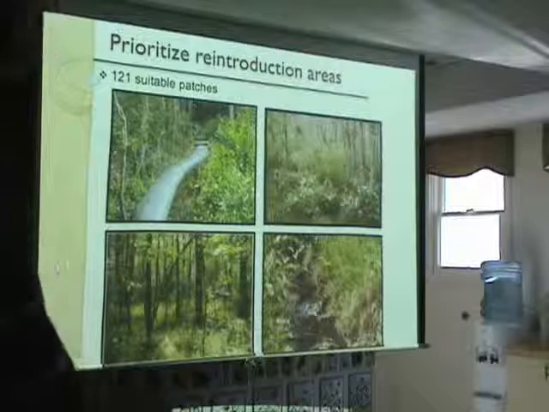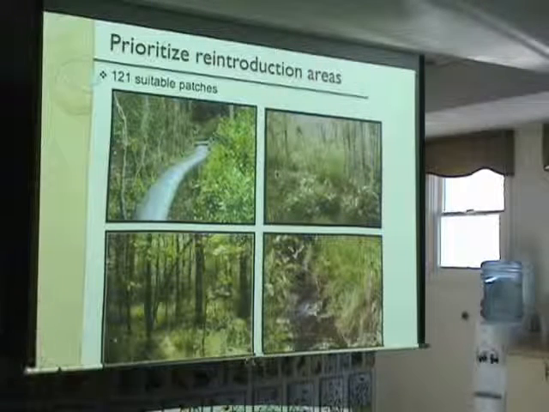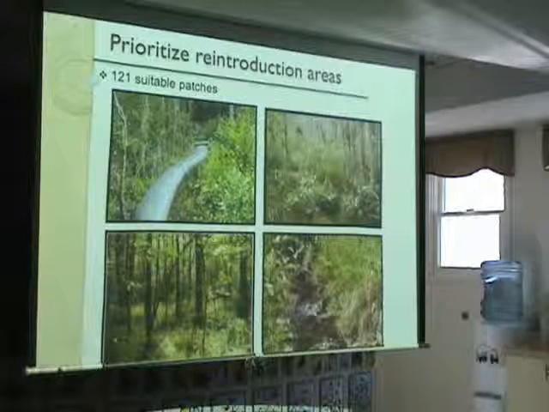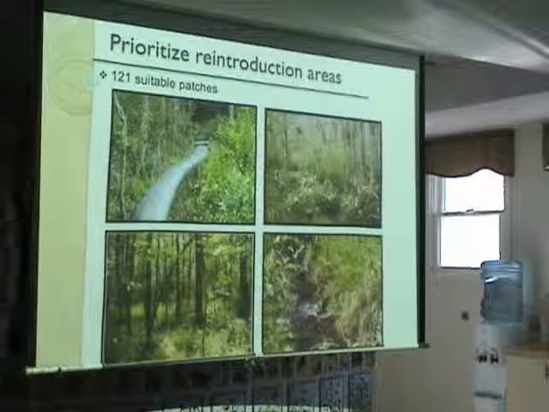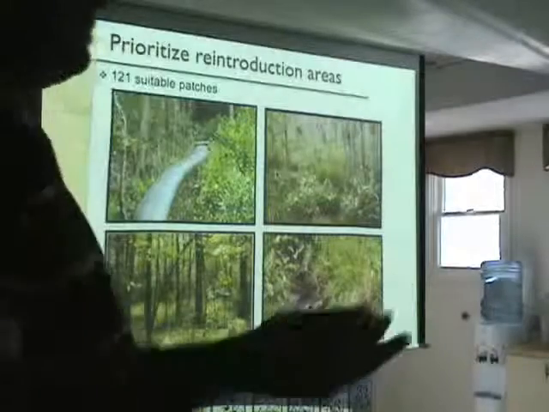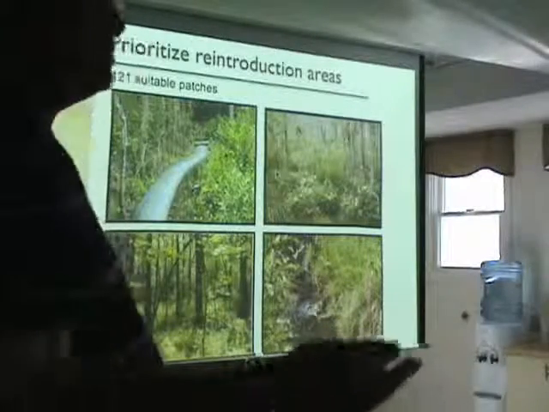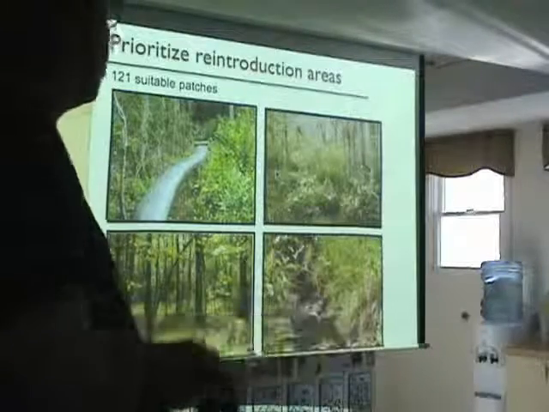So at the end of the day, we identified 121 suitable habitat patches where the butterflies might occur on Fort Bragg. These are not only areas where we predicted suitable habitat. There's about 30 of them. There are also areas where we know the current colonies are.